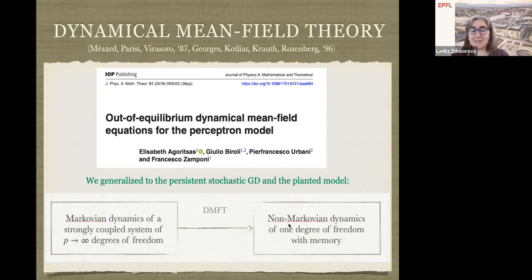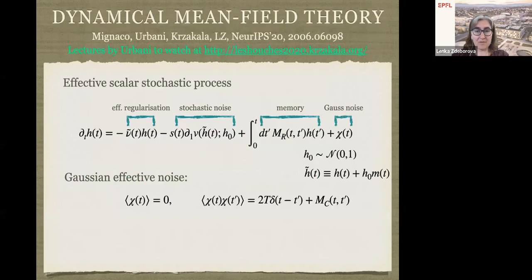The cost of that scalar dynamical system is that it becomes non-Markovian, even though the original dynamics was Markovian. And there is a stochastic differential equation that actually drives the dynamics of this scalar stochastic system, where this h variable would be the variable of that system.